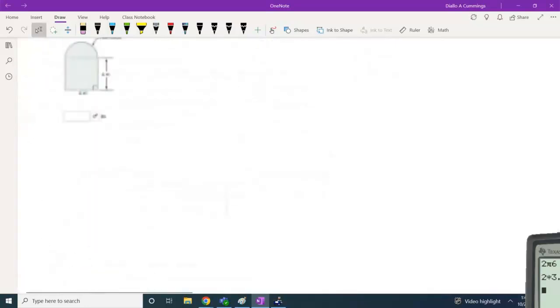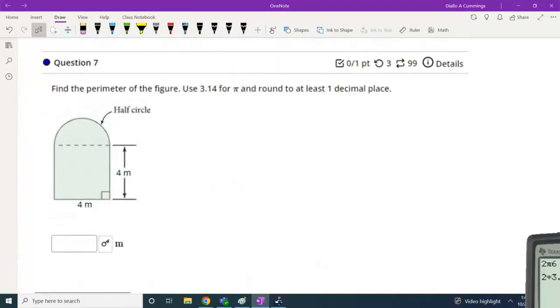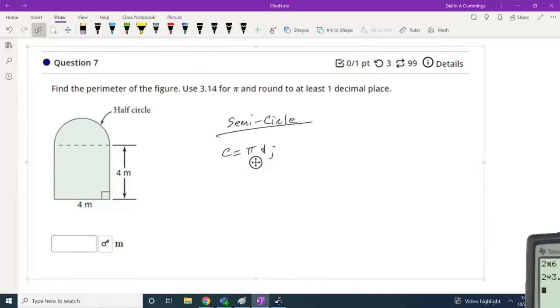All right. So I believe it was this one. All right. So we have the half circle or the semicircle in the top. So for the semicircle, we have the circumference is equal to pi times r.